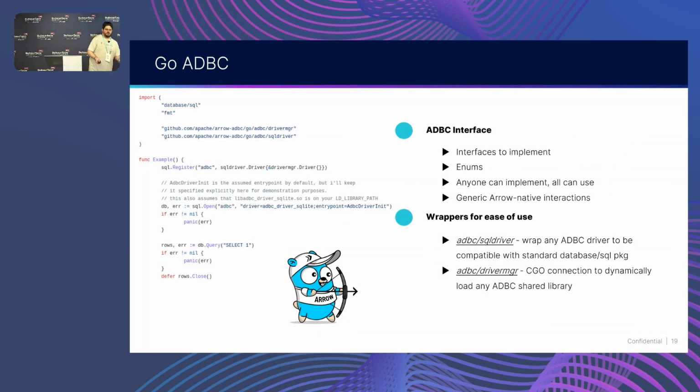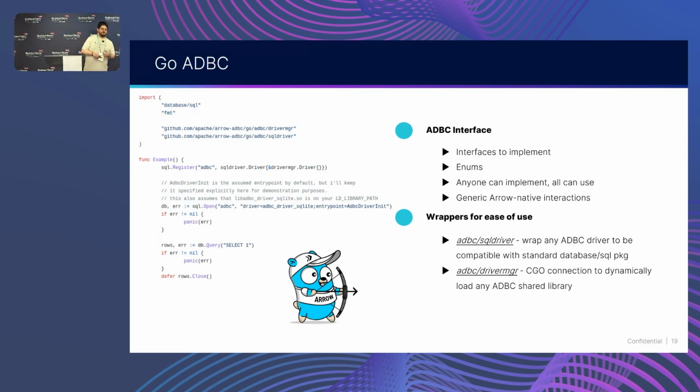Here's an example using Go. The Go implementation contains a wrapper that allows you to use, if you really want to, Go's default database/SQL import and use any ADBC driver, any native Go ADBC driver, or any ADBC driver that meets the interfaces with Go's SQL database interface.